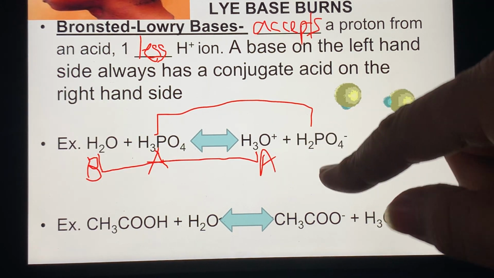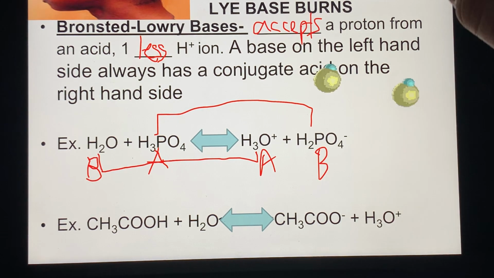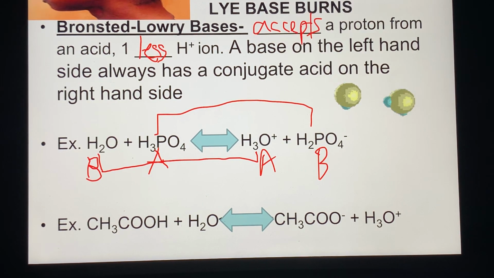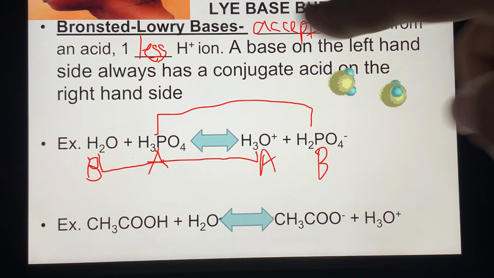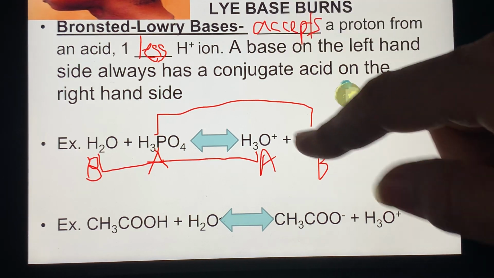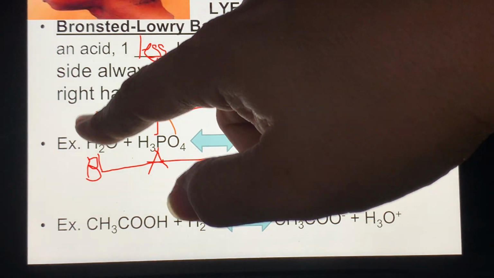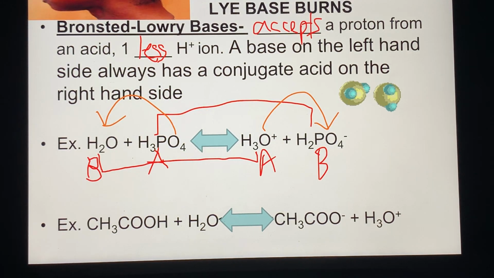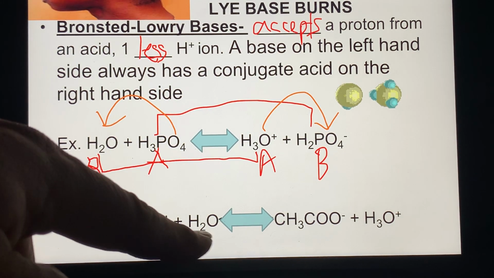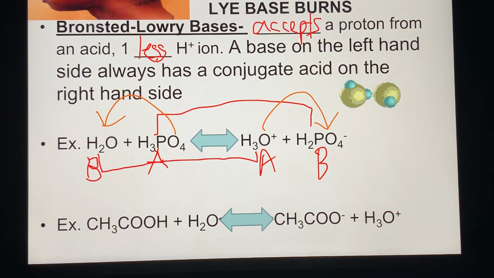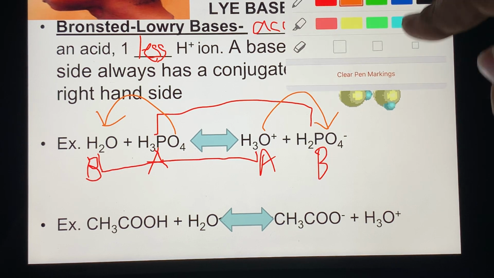If this is an acid, this must be a base. What did we say before? Acid donates, base accepts. Now hit pause and please answer the question below. Okay, let's go on.